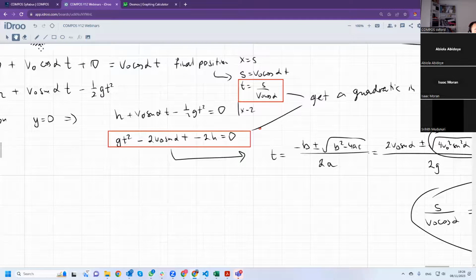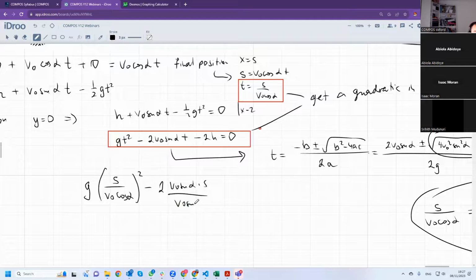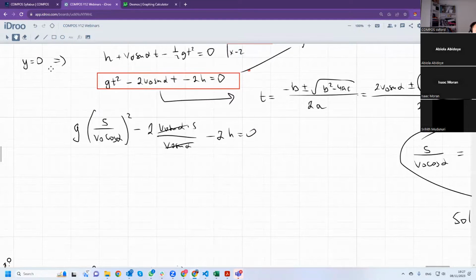Yeah, but you're going to get g times s over v0 cos alpha, squared, minus 2 v0 sine alpha multiplied by s divided by v0 cos alpha, minus 2h equals 0. Okay, it's a super easy quadratic.